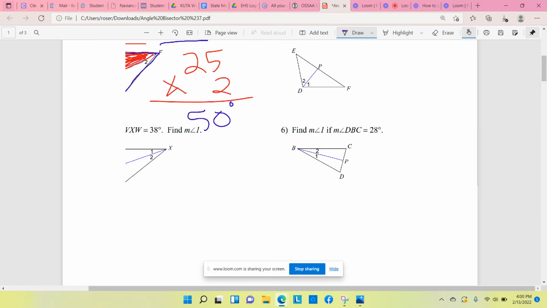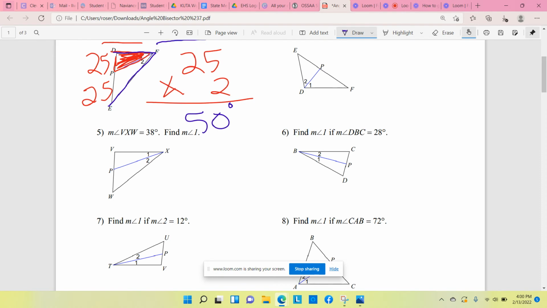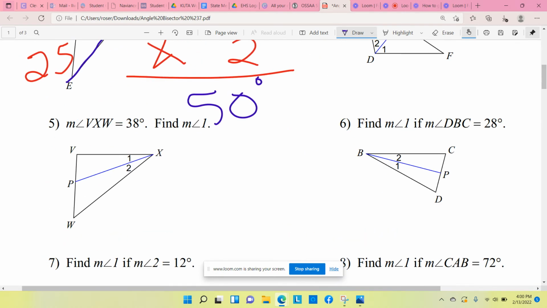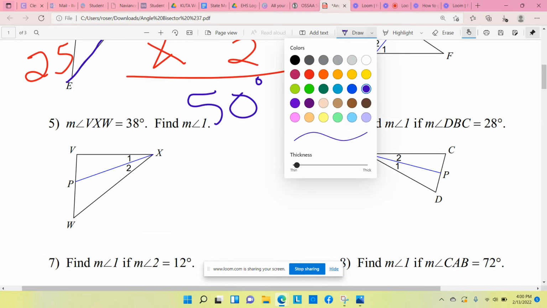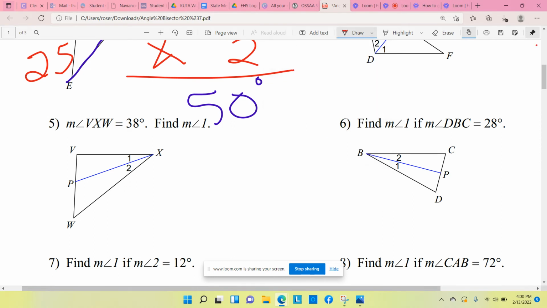Let's go on down to number 5. That's going to make it much easier. Okay. I'm going to go down to number 5. First thing we need to do is figure out what information they gave us. What angle measure did they give us? Look at it. Read that statement for number 5.